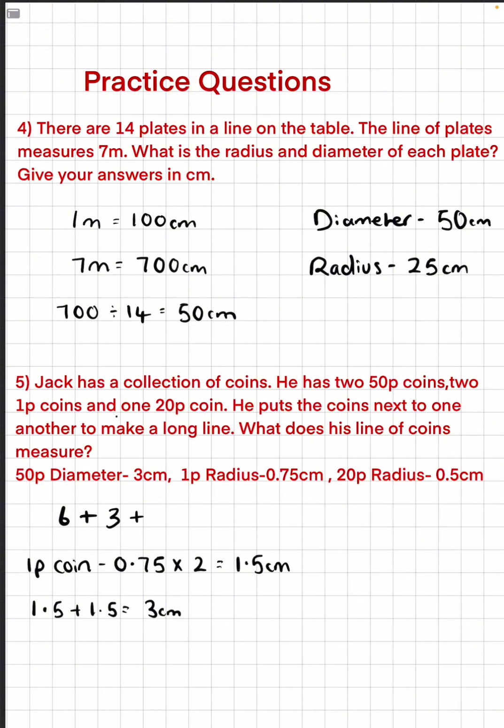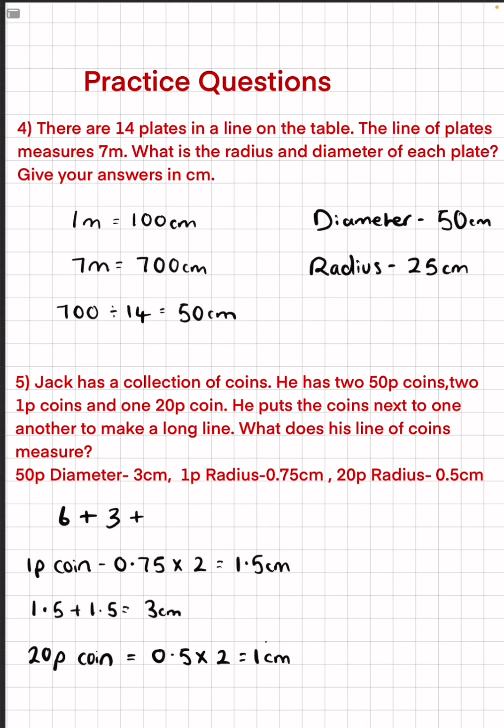And Jack has one 20p coin. We've got the radius of the 20p coin, which is 0.5 centimeters. To find the diameter, we need to double 0.5. 0.5 multiplied by 2 equals 1 centimeter.